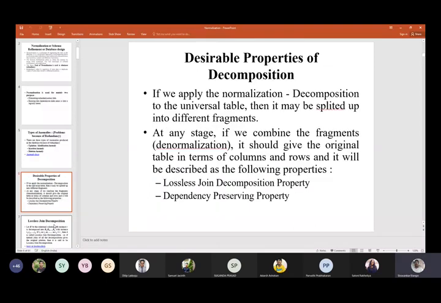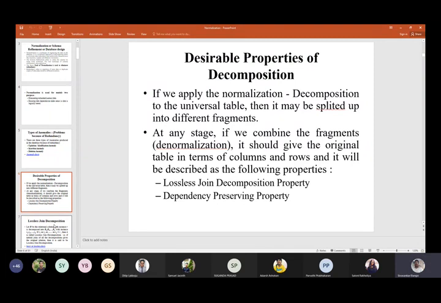So the next thing that you need to know is what are the desirable properties of decomposition of a relation. Whenever you apply a normalization technique, we are going to go for schema refinement, where you decompose the complex universal table into different fragments, right?